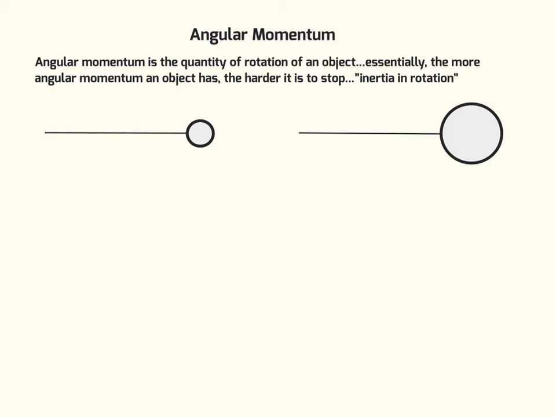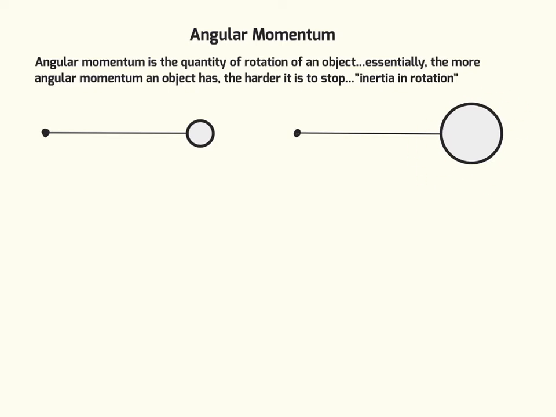So what I have here, I have two spheres, and they are both rotating about the end of these massless rods. And these rods are the same length, but you notice that those spheres are of different sizes. So obviously this one is much smaller than this guy over here.